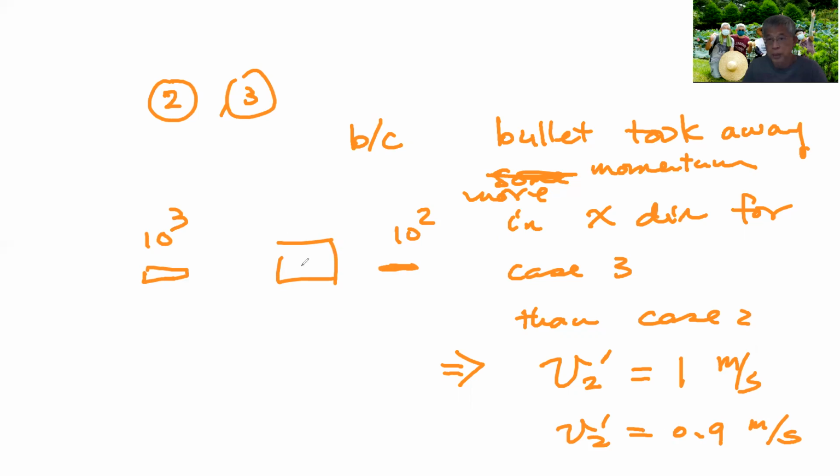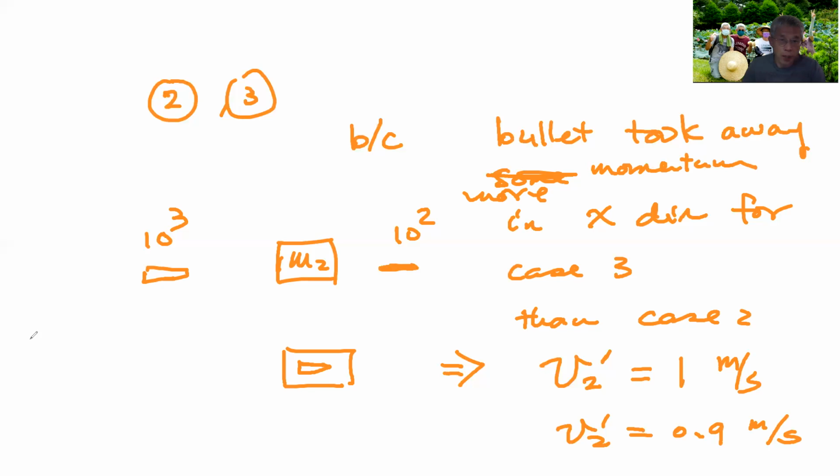So you were left with less momentum that can be used by this M2 here, okay? Compared to if you would have the bullet that gets stuck in there, now you know this velocity is not going to be 10 to the 2, it's going to be a lot less. So in this case, the bullet only has less momentum than the 10 to the square, okay? So the bullet took away more momentum in the x direction for case 3 compared to case 2, right?